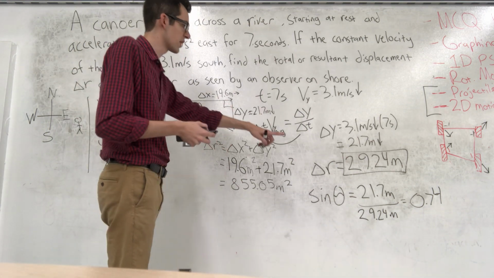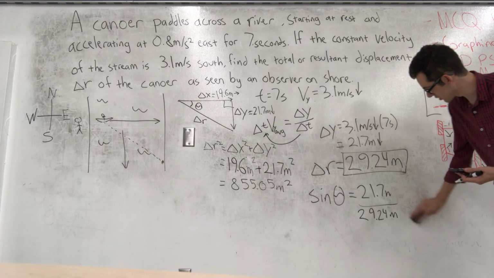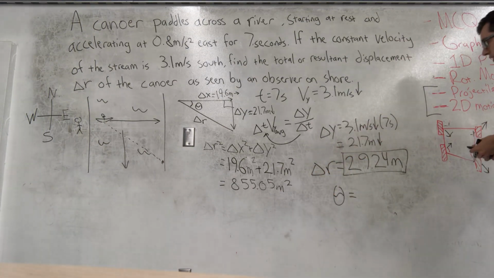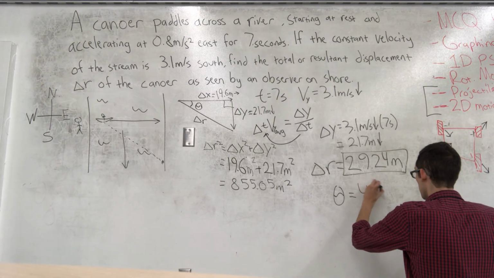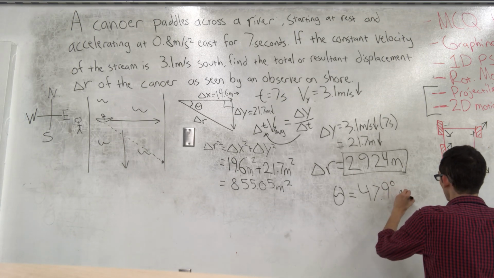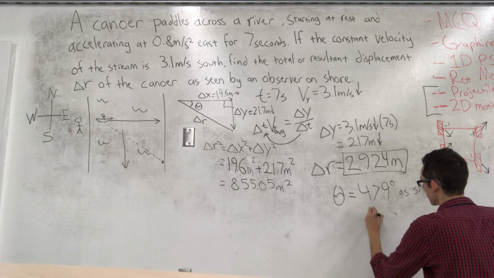So we can report our final answer. Just going to erase this here to make room. Delta r is 29.24 meters, and it's at an angle of 47.9 degrees, as shown on my diagram.